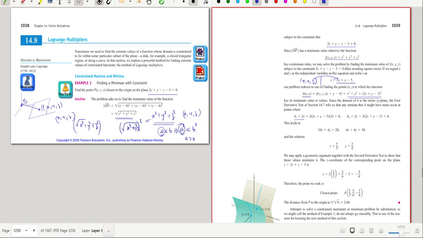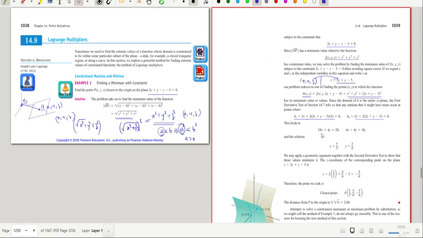The partial derivative of this function with respect to x gives the derivative of x square, that is 2x, derivative of y square, that is 0, and for the derivative of this quantity, we need to use the chain rule, that is 2 times 2x plus y minus 5, and the derivative of this expression with respect to x, which gives 2. So this is hx. We need to equate this hx to 0 in order to get the extreme values. Similarly, evaluate hy, that will give this expression, and equate it to 0.